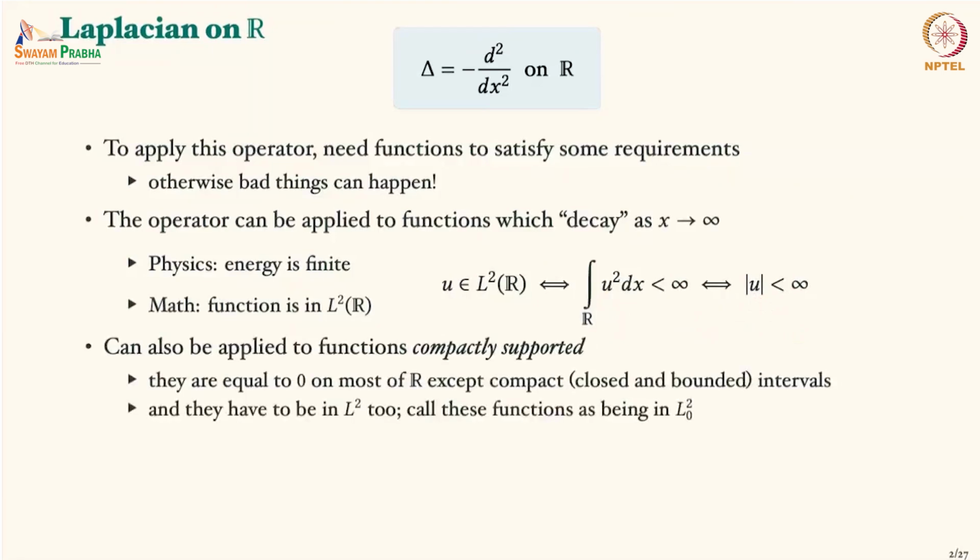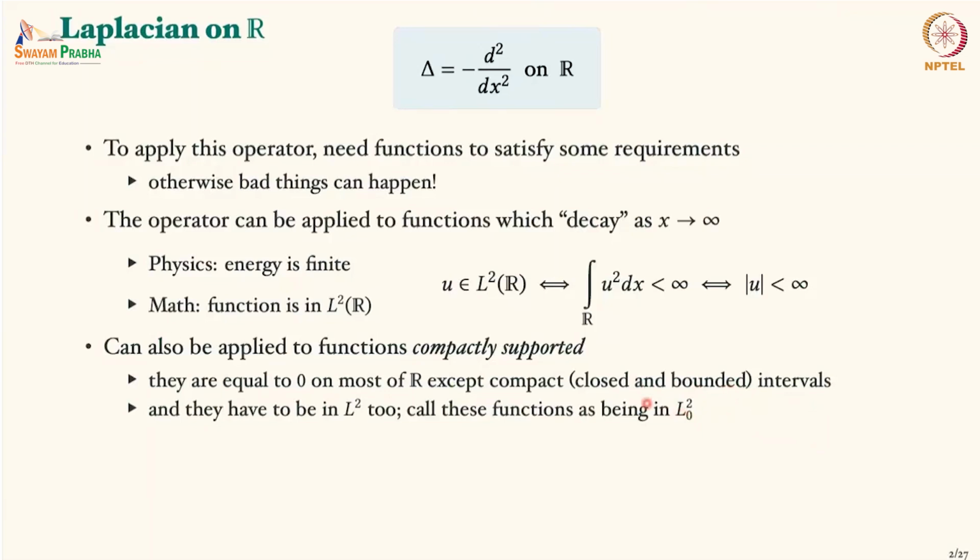So this operator can be applied to functions which decay as you go to infinity, but it can also be applied to functions which are so-called compactly supported, which means they are 0 on most of R, except on some compact sets in R, which are closed and bounded intervals for us. In R, compactness means closed and bounded.